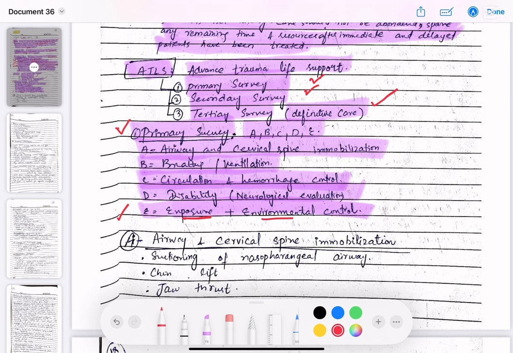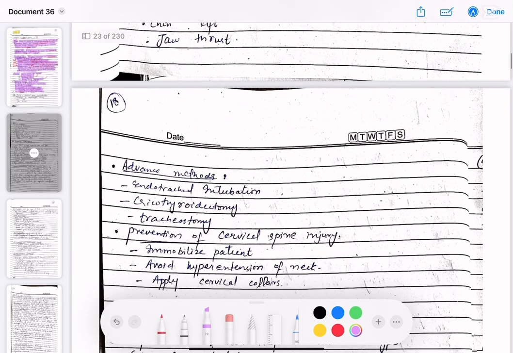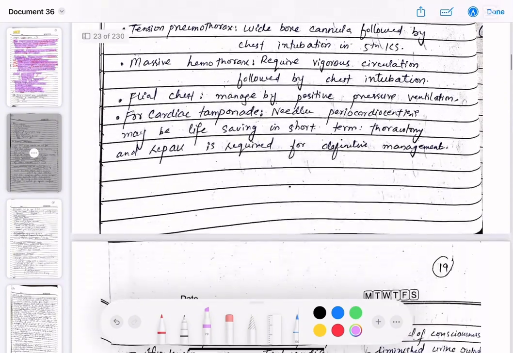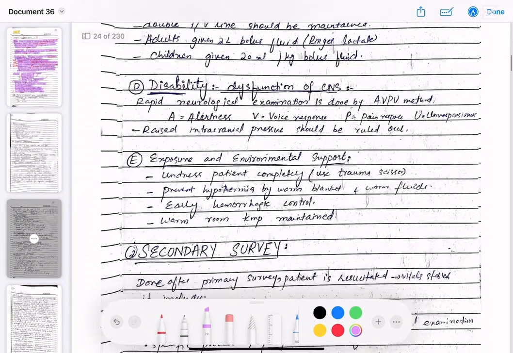You should remember this on your fingertips: airway, breathing, circulation, D for disability, and E for exposure.